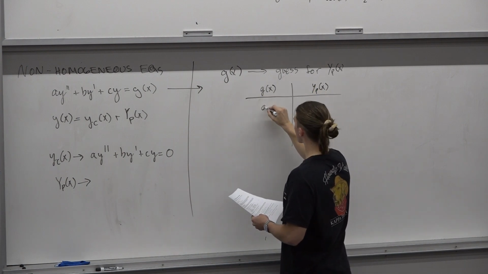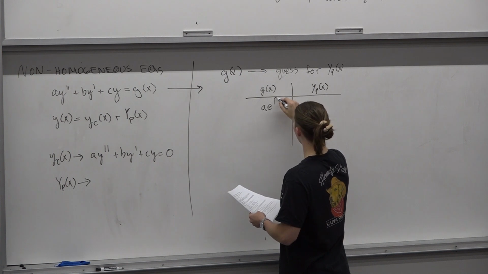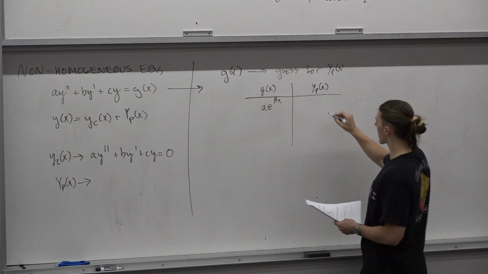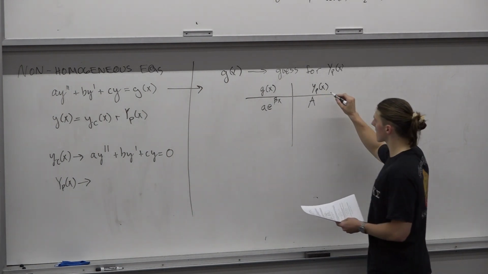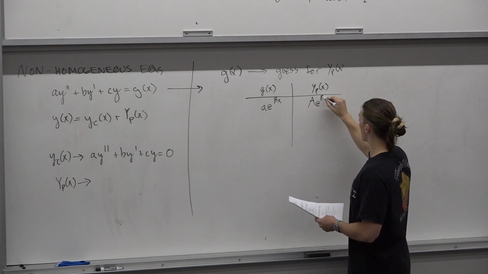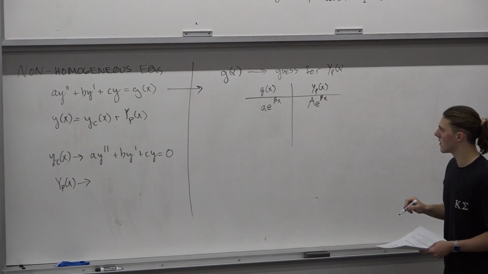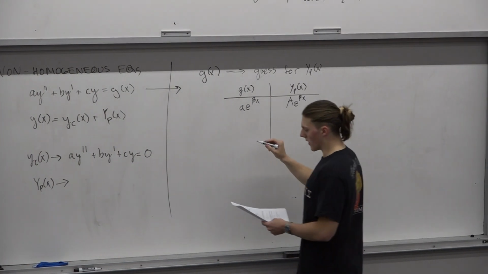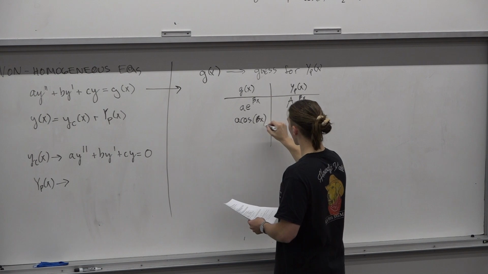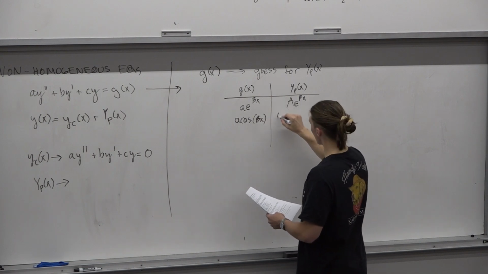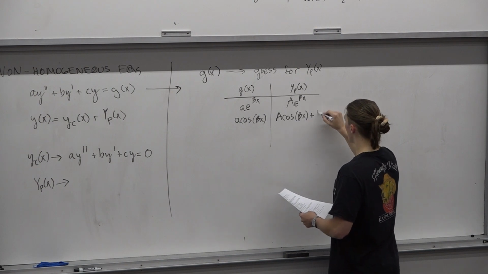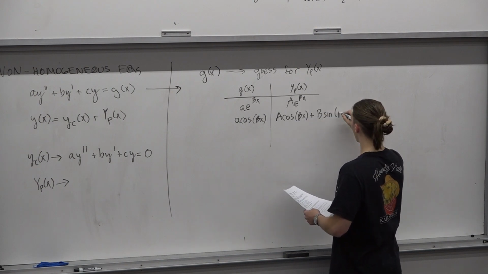Our g of x is some a e to the beta x. We're going to guess that the particular solution is in the form of a e to the beta x. If we have a cosine beta x, we're going to guess a cosine beta x plus b sine beta x.